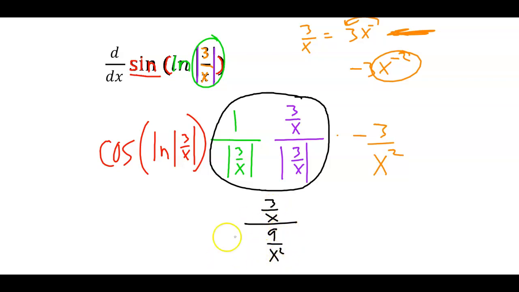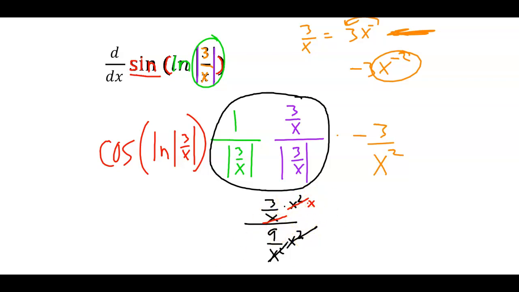Also, this is a complex fraction, so I don't like the way this looks. So I'm going to multiply the top and the bottom by x squared, and let's see what we get as a result. By doing that, these cancel, right? And I'm just left with 9. And here on the top, this x goes into x squared one time to leave an extra x left over.